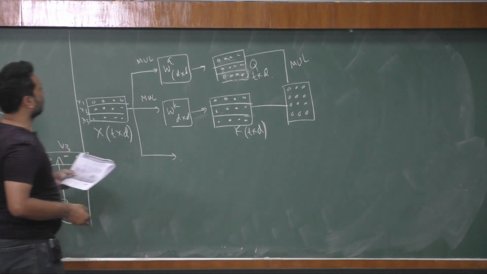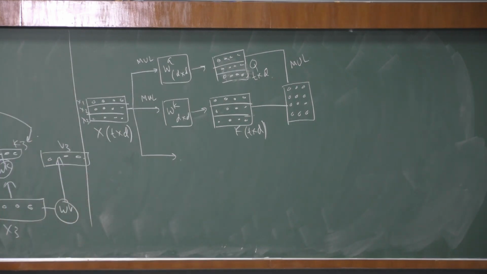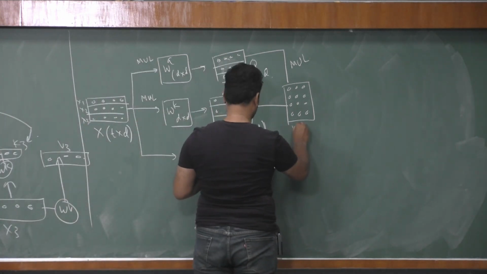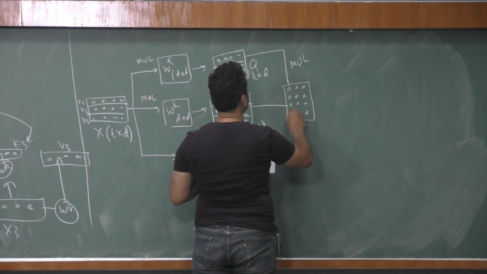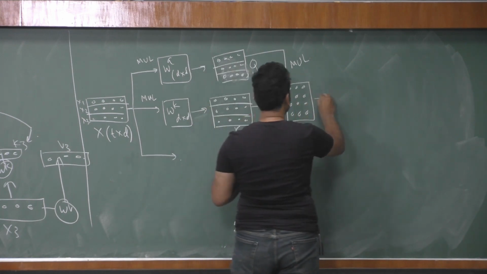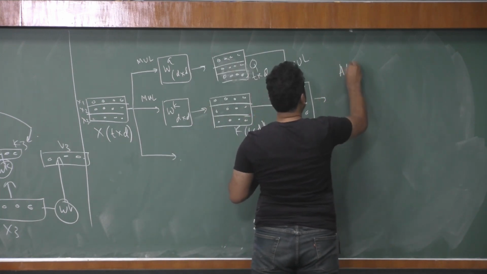So we multiply Q with basically K transpose. This is K transpose, and the multiplication of Q with K transpose gives me the attention scores.